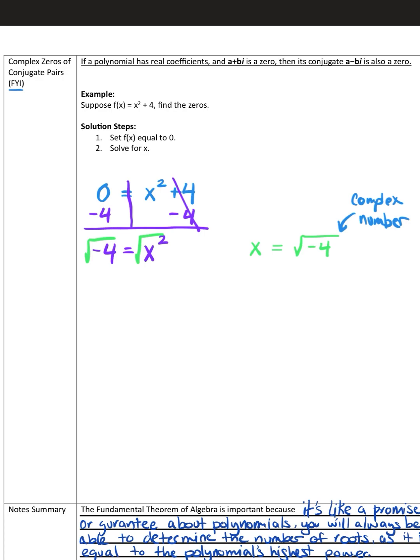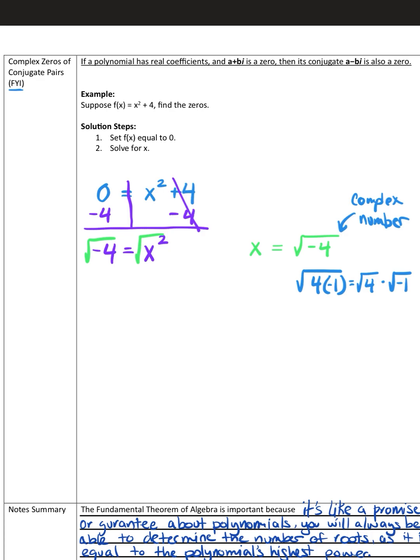When you have a complex number, that means we have to take the square root of negative 1. The square root of negative 4 is technically 4 times negative 1. If I broke this apart, I would have the square root of 4 times the square root of negative 1.